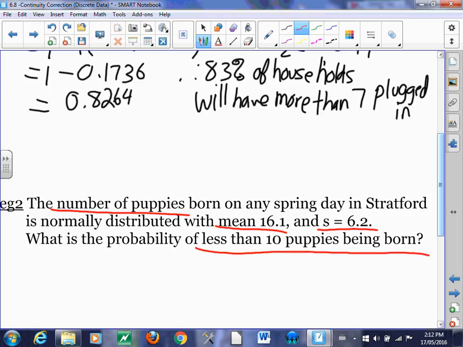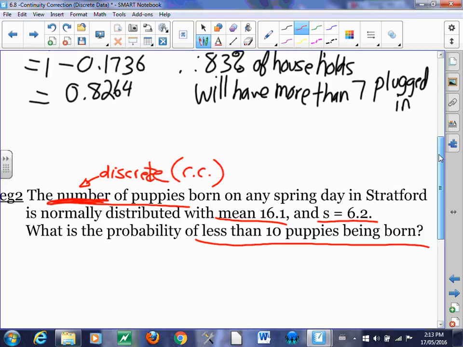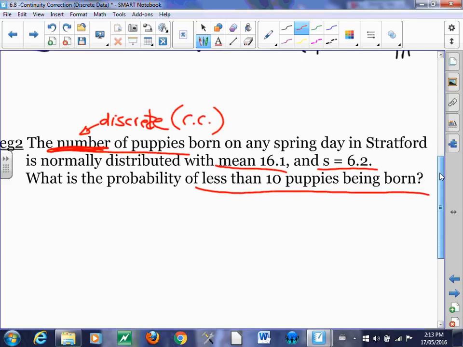Okay. Well, first of all, as soon as you see number of puppies, you know that's discrete. So that's your signal to remind yourself, hey, I've got to use CC, which is continuity correction. Okay. So let's take a look here. So we want, what's the probability where X is less than 10? Because it says less than 10 puppies. Okay.